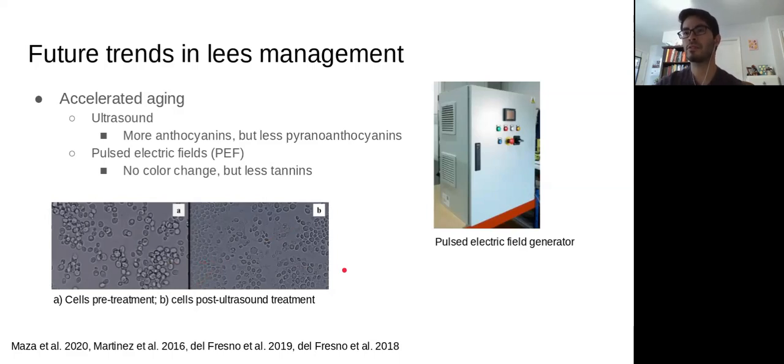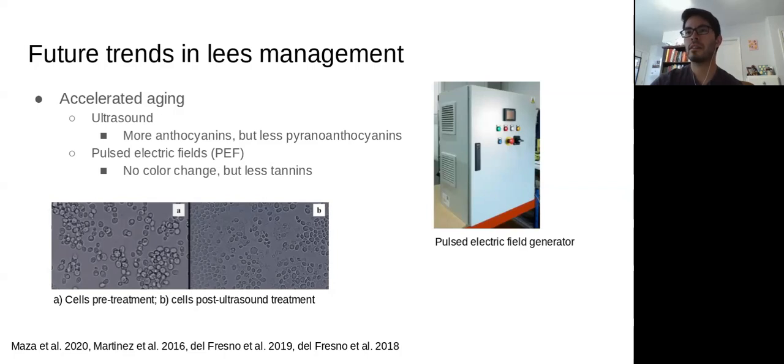And the ultrasound treated cells clearly have disrupted cell walls. So what we see in the wine is increased anthocyanin, but much lower pyranoanthocyanin and vitisin. So there's clearly some sort of disruption occurring between polyphenols and the lees biomass that we don't completely understand yet with ultrasound treatment.